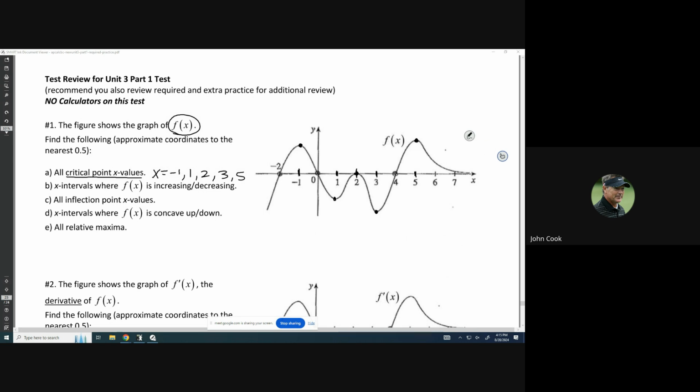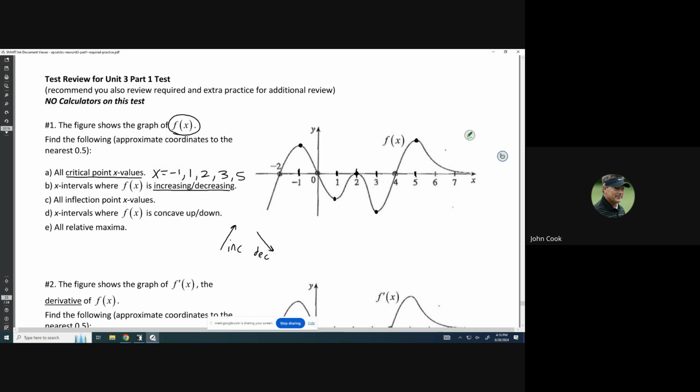Now let's find the intervals where the graph is increasing or decreasing. On the graph of f of x, increasing looks like it's going up and to the right. Decreasing looks like it's going down and to the right. If I look at the graph, I'll just color code this real quick.